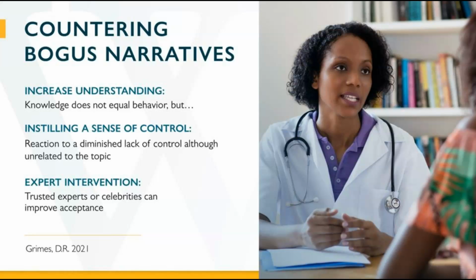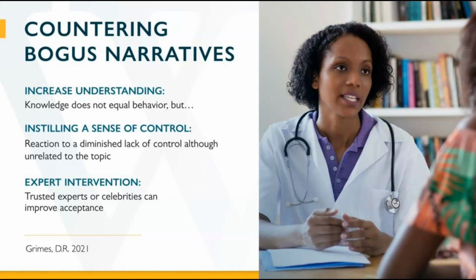We have this idea that people who believe these bogus narratives are typically, for the most part, uneducated. As a matter of fact, roughly 20% of Americans believe that COVID was planned. But when we take a look at those with a high school education or less, that number went up to 48%.